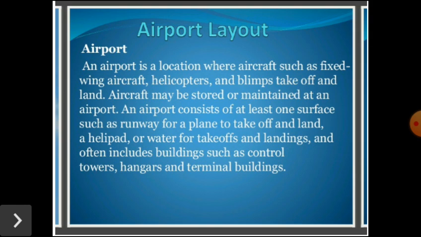An airport consists of at least one surface, such as a runway for a plane to take off and land, a helipad or water for takeoffs and landings, and often includes buildings such as control towers, hangars, and terminal buildings. So these are the components of an airport layout.